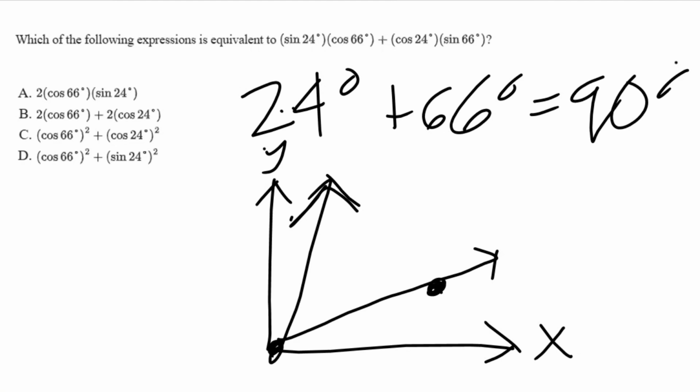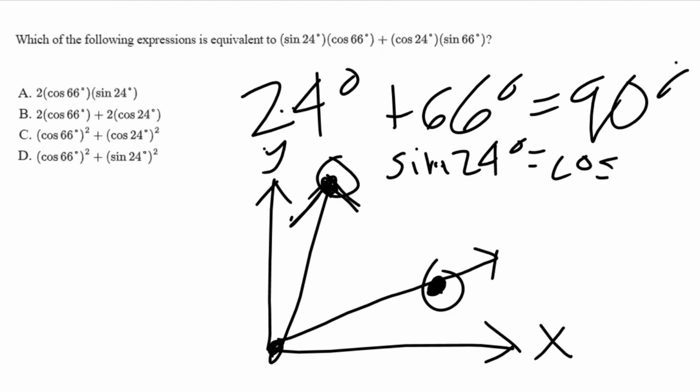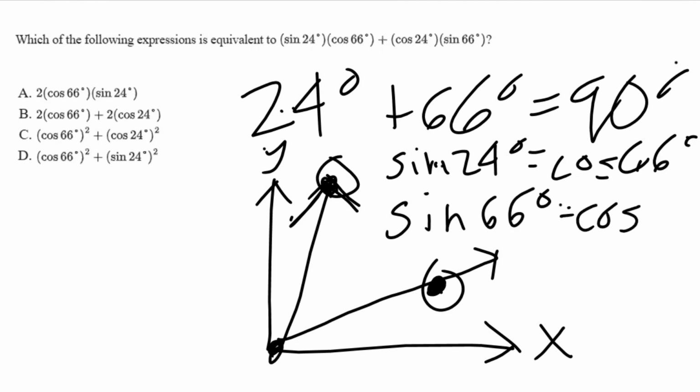With complementary angles, because both the angles I put together end up adding up to 90 degrees, your x-coordinate here is actually going to equal your y-coordinate here. And your y-coordinate here is actually going to equal your x-coordinate here, which means that sine of 24 degrees equals cosine of 66 degrees, and the sine of 66 degrees equals cosine of 24 degrees.